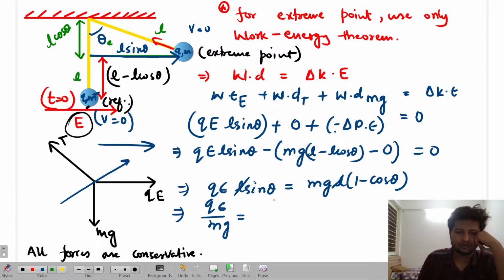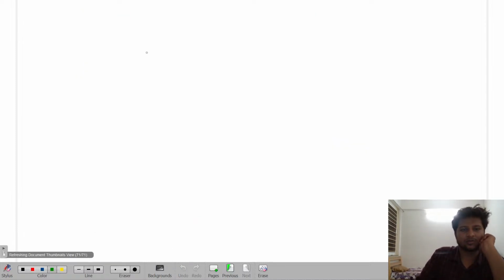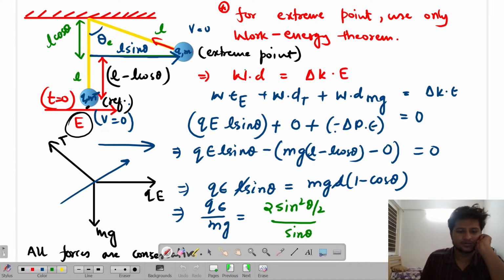theta. 1 minus cos theta का फॉर्मूला होता है, it is 2 sin square theta by 2, यही होता है ना, divided by sin theta. तो इक्वेशन क्या है तुम्हारे पास?